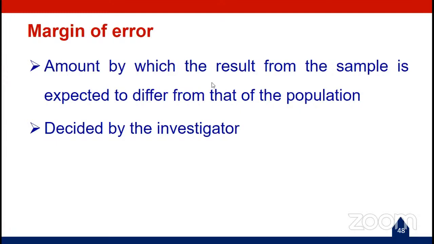We have the population mean and the sample mean. So what is the expected difference? It is just anticipated, so it need not be actual because you never know. Again, it is decided by the investigator. An investigator has to decide this.